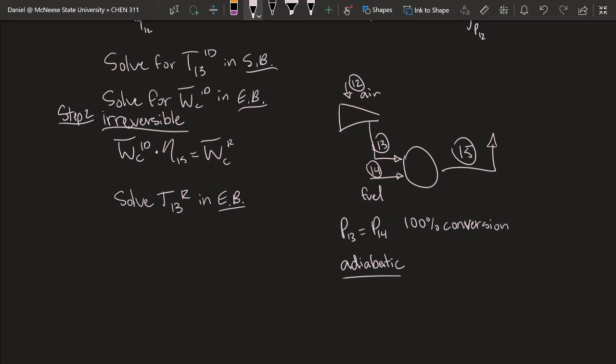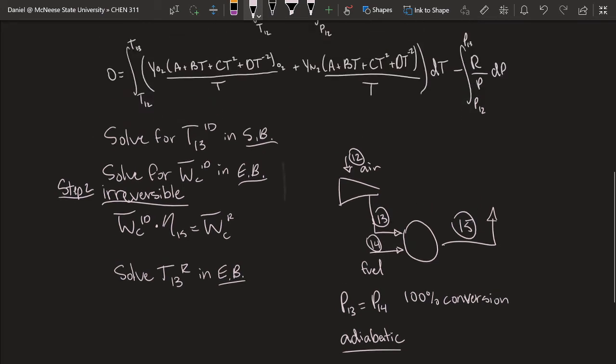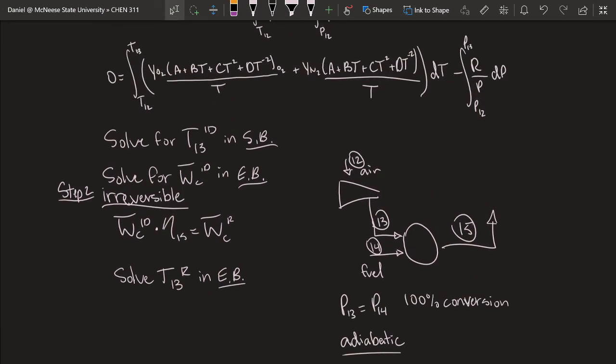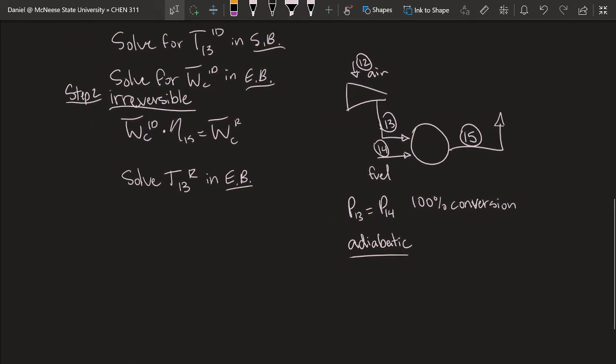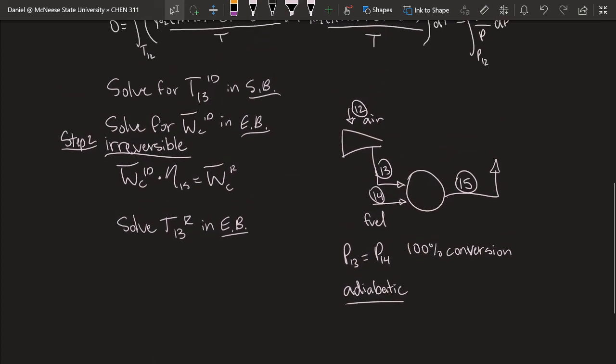It's the same math as the other combustion chamber, literally the exact same, except now you might have a different outlet temperature at 15 than what you originally got. And the higher the temperature at 15, pretty much the better, because combustion chambers can handle a lot of heat. I don't want to see something in the millions in Celsius, we don't have a fusion reactor, but other than that, it's pretty much the higher the better.